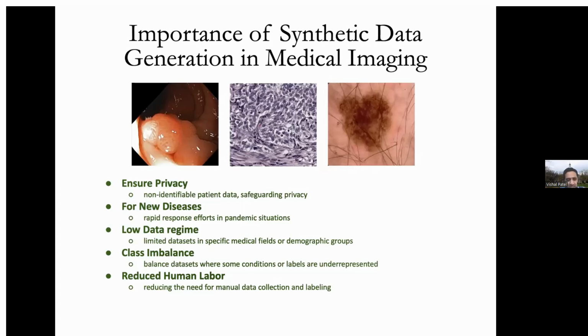We cannot make them publicly available, right? So privacy is a very important issue, and that is the bottleneck. And that is one of the reasons why we don't really see a lot of data which are publicly available compared to many computer vision data sets. And in many cases, we have very few data sets, like 30 images or 10 images, or maybe 100 images. And that's nowhere near what we see in other domains, such as computer vision, where we have thousands or millions or even billions of images.